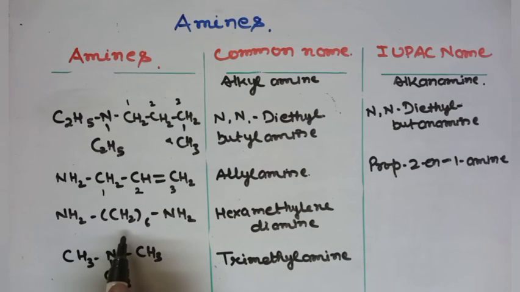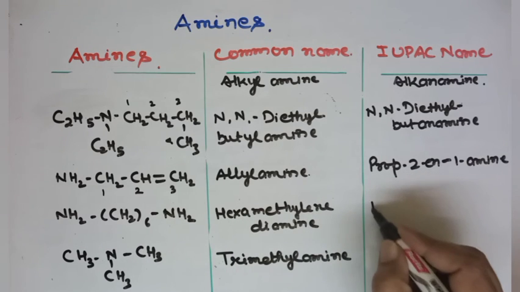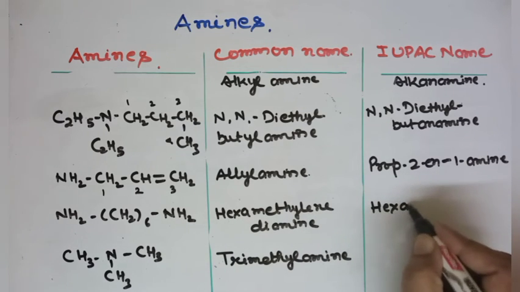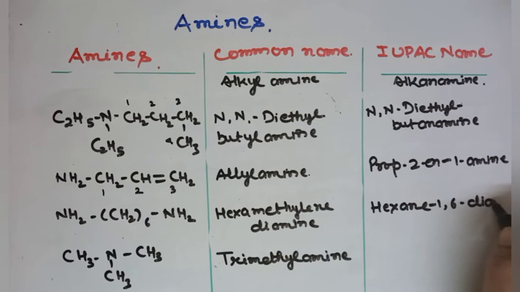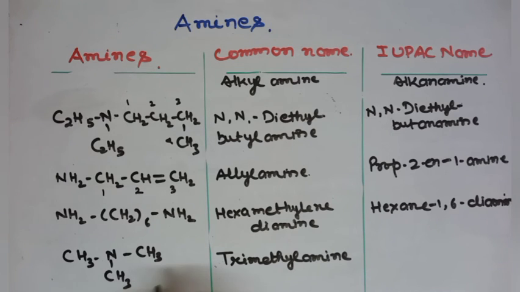So this one is hexane, and the NH2 group is connected at the first and last position, which is the sixth position. So this one is hexane-1,6-diamine. In this case, we have the same number of carbon atoms all over.